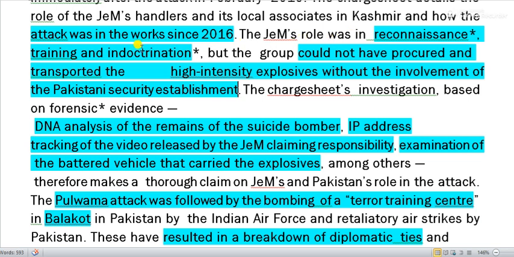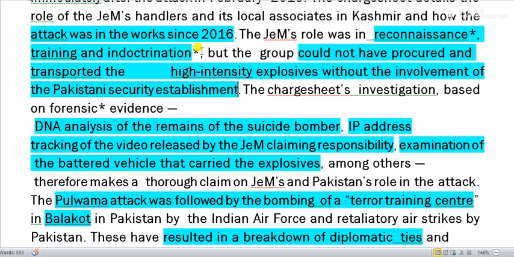Then they had a role in training the people who would carry out the incident, and then indoctrination, the lessons, or making the people involved believe that the things are correct and just without any criticism. So JEM had a role in these three things: reconnaissance, training, and indoctrination.